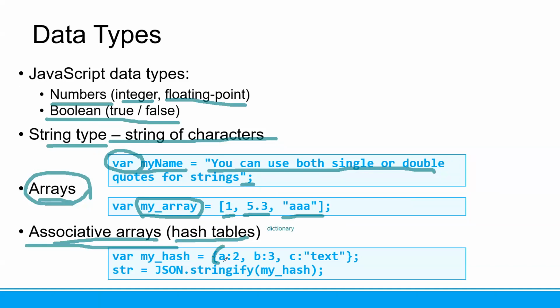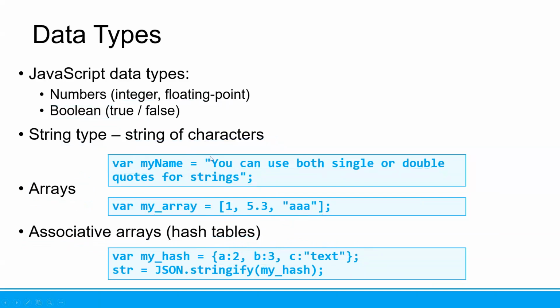So this is the key and this is the value. This is the key, this is the value. This is the key and this is the value. And I'm going to put this all into one variable and we call it my hash. And this one is the original format of JSON.